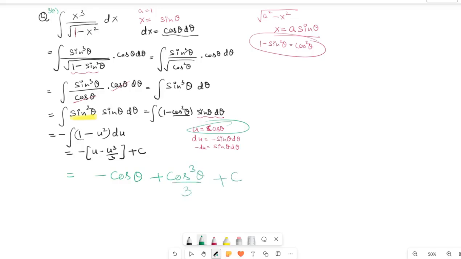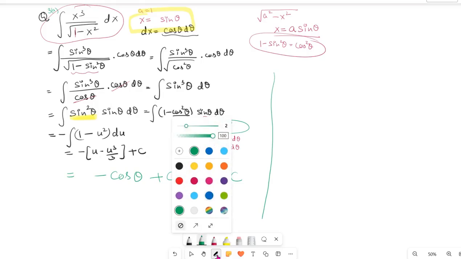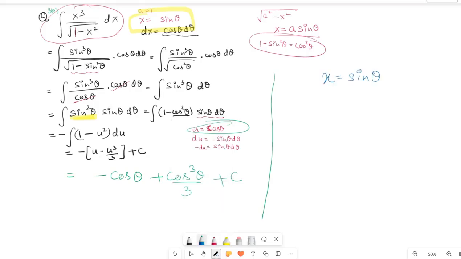Now we're done with integration, but you notice the original question was in the terms of x. So our final answer should also be in terms of x. How do we do that? So for that, I use my original substitution. Let's write this here on the side. I'm going to use x was sine theta.